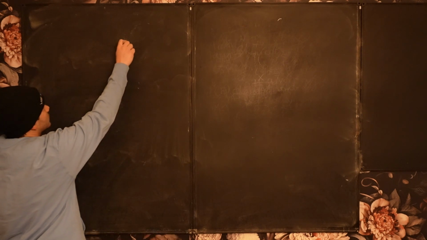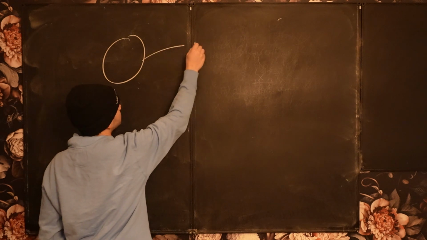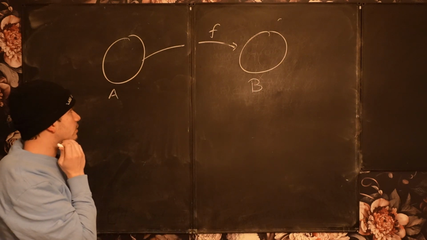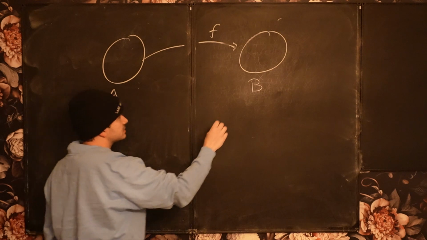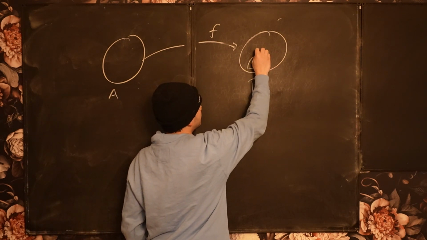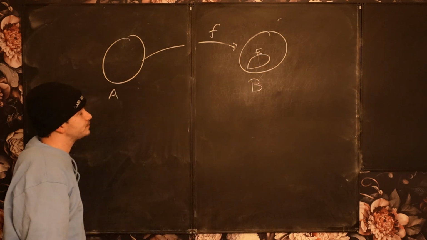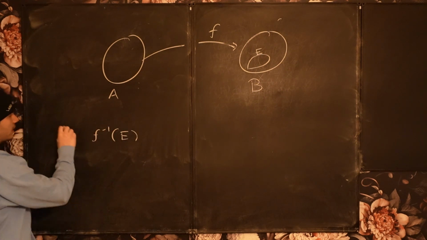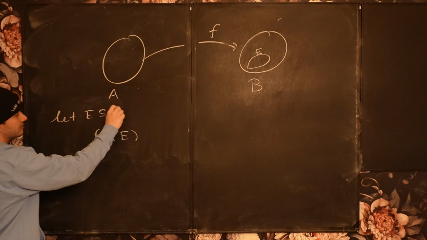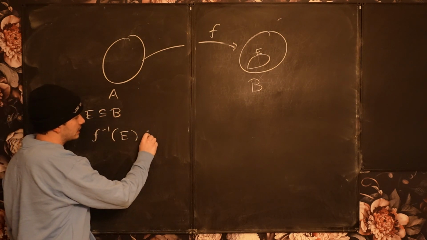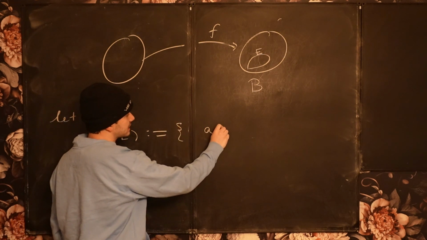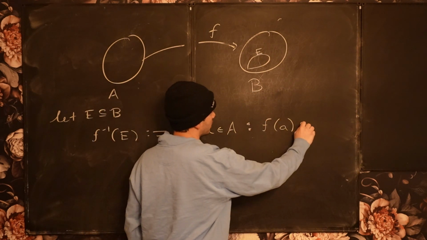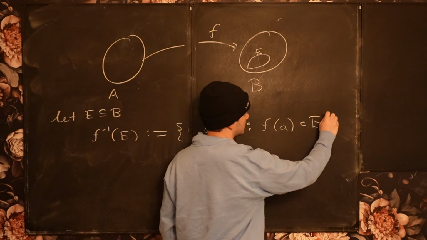Again, I have the set A, and it's being mapped via F to the set B. Now if I want to define F inverse of a subset of B, let's say that E is now a subset of B, then I'm going to define F inverse of E. So if we let E be a subset of B, then F inverse of E is defined to be the set of points a in our set A such that F of a belongs to our set E, okay?